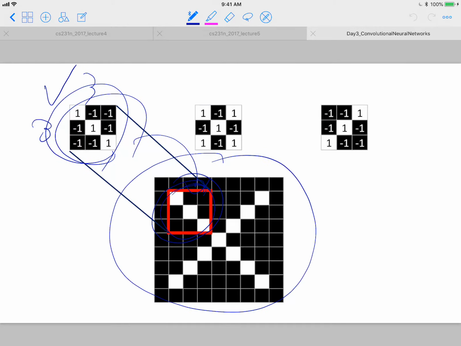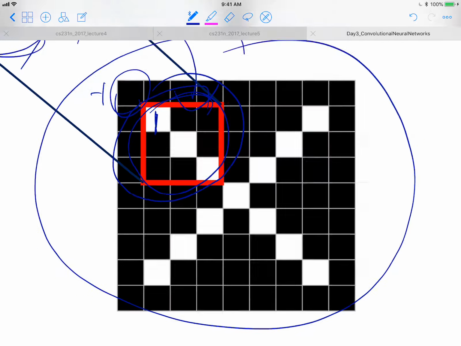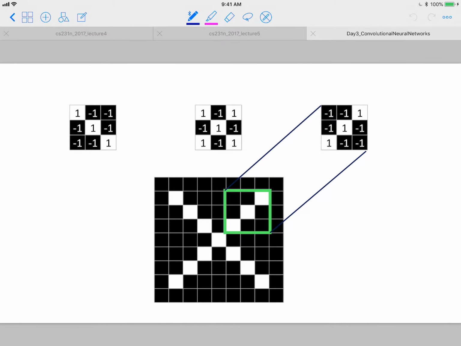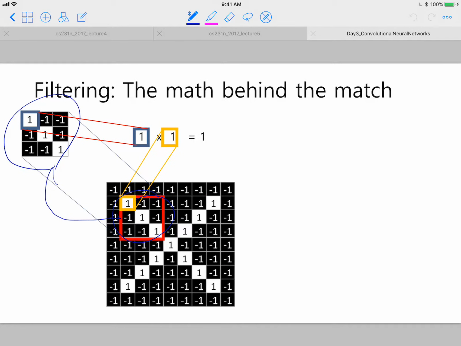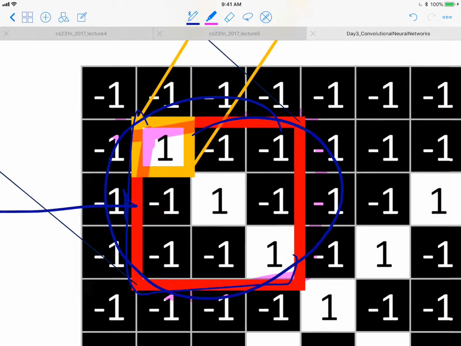And suppose this is our original image, where the black ones represent -1 and the white ones represent 1. If we move this filter around, at this particular position we will have a perfect match, right?